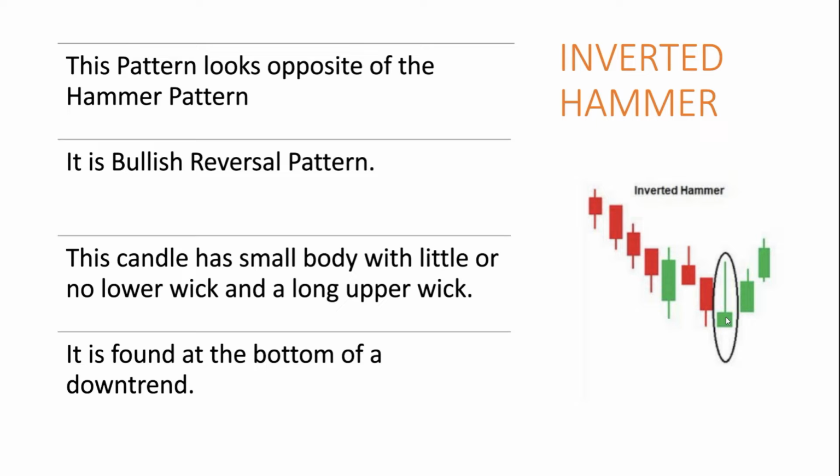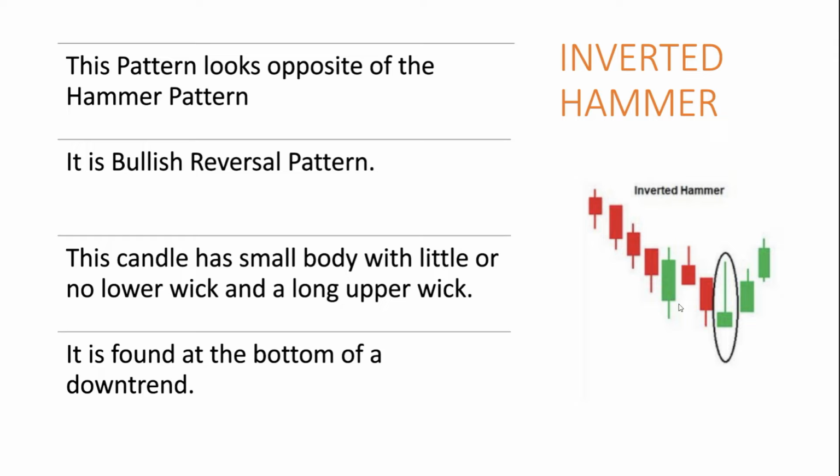The color of the candle doesn't matter, but if it is a green candle it gives you more bullishness. Usually this pattern predicts that the buyers are pushing the prices upside, indicating a trend reversal. That is why it looks opposite of a hammer, and it's a bullish reversal pattern.